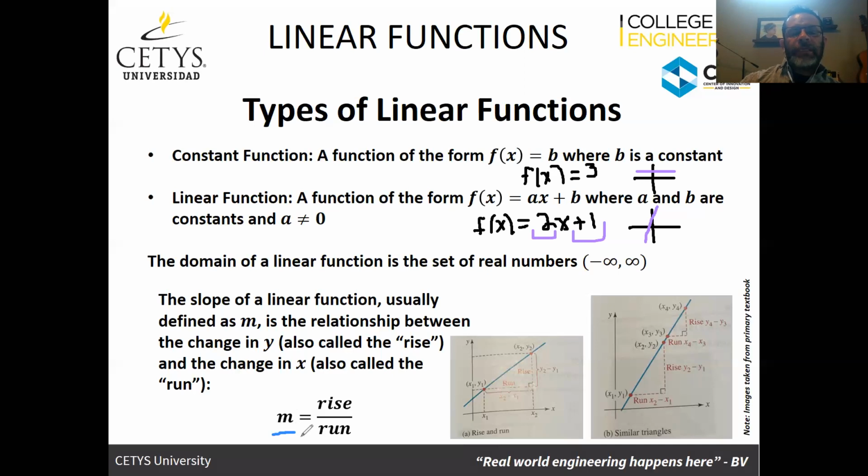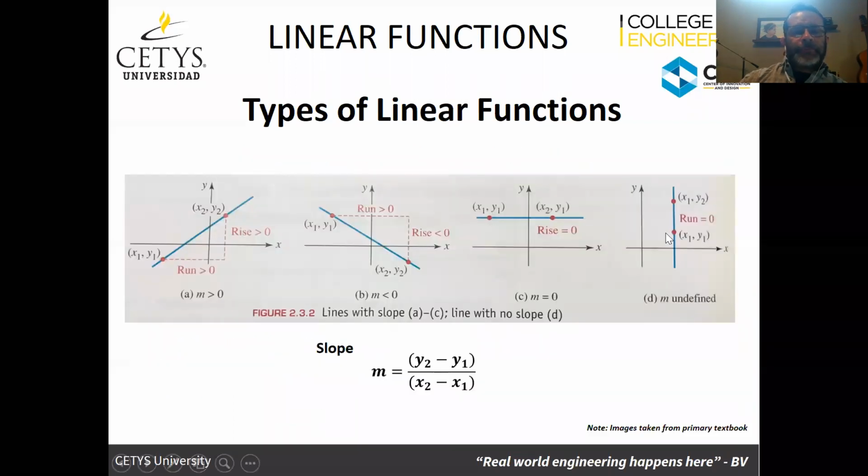And m is going to represent this inclination, and it's going to be the relationship between the change in y with regards to the change in x. The change in y is called the rise, and the change in x is called the run. And so the rise divided by the run is what we're going to be calling the slope. And again, the slope is going to give us this indication with regards to the inclination that a line has.